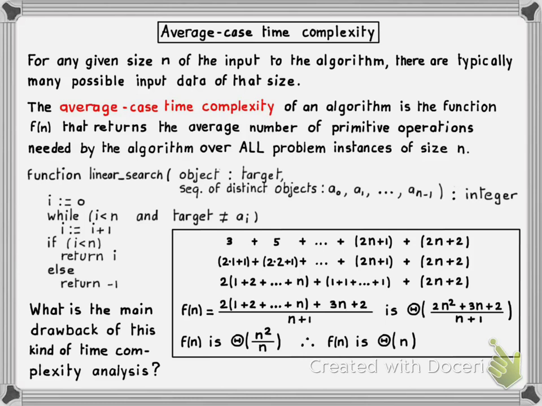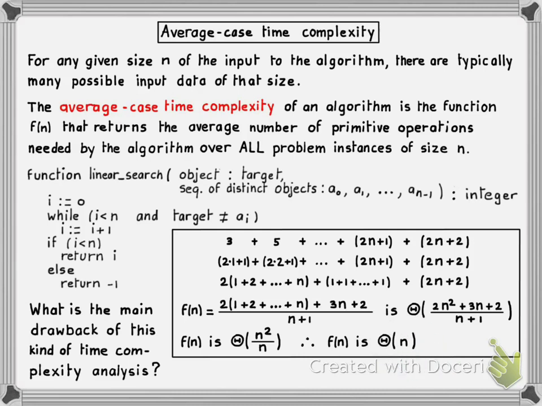But of course, there's no guarantee that the assumption we made matches the reality. So it could be, for example, that the best case, or cases that are closest to the base case, are much more likely than the worst case. And in that situation, it could be possible that the runtime of the algorithm on average would be less than linear. Maybe it would be log n, or maybe it would be closer to a constant time.